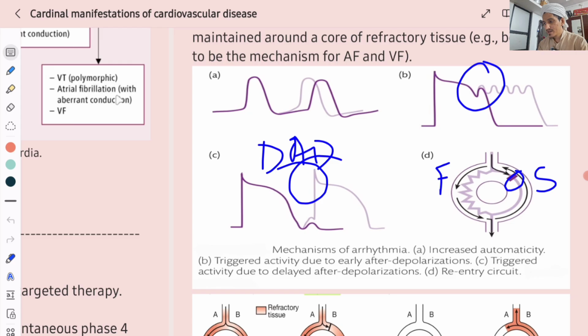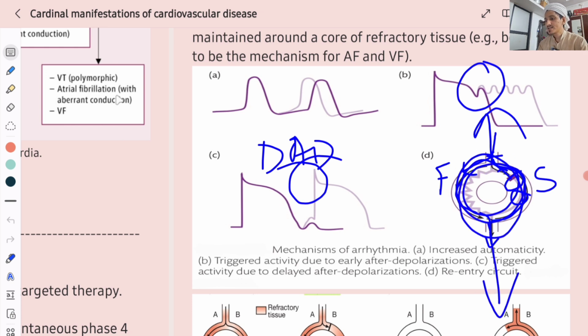So the impulse is coming down and it is going here also, but because of the blockade it will not go here, and this will continue. Now this is not refractory, so along with forward conduction, it will conduct backward also, and it will hit the back tissue also, and this will form a circuit. This circuit will give impulse to the downside also, and forward and backward also. So that is the re-entry phenomena.